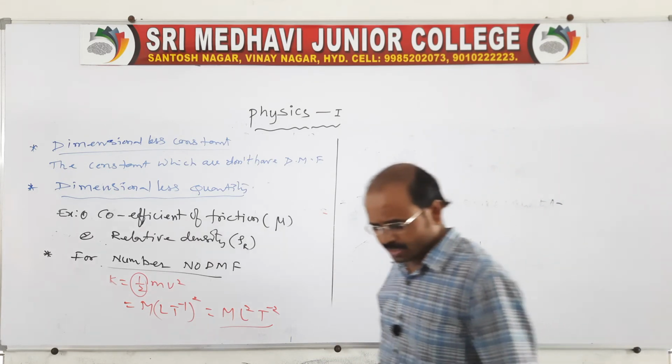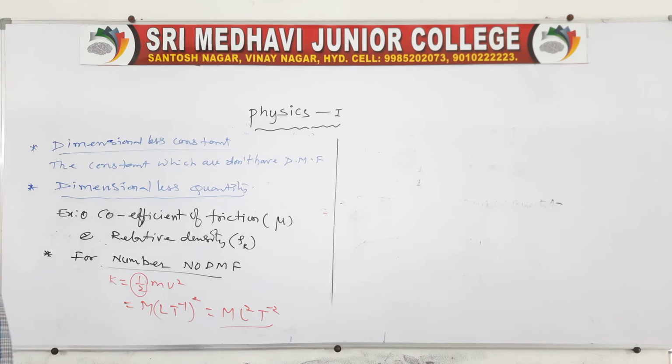So this is about dimensional formulas. Based on that, I'll give you one example each for trigonometric and logarithmic functions. Okay, so we'll go for one example problem related to exponential or logarithmic functions.